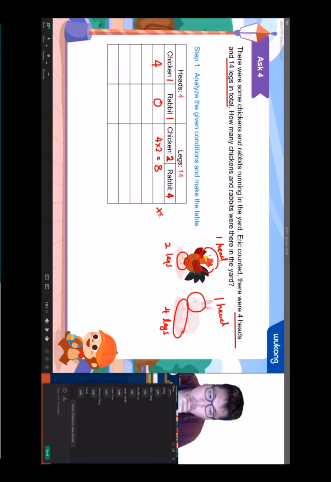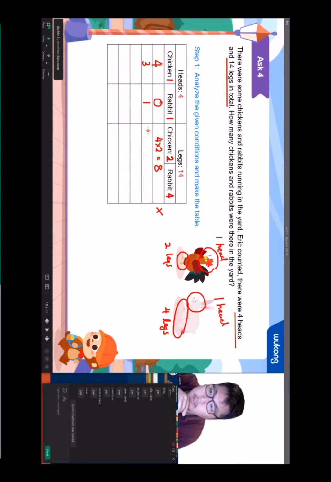So this doesn't work. And now you see I'm starting with 0, guys, for the rabbits. You can change the order. I'm going to show you what order you can change in a few moments. And 1 here. If we have 1 rabbit, then we will have 3 chickens because we want to make sure we have 4 heads in total, guys.